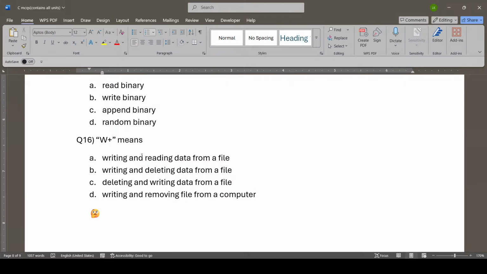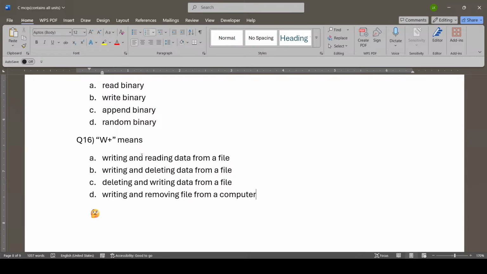Whenever we write plus, it means just the opposite of the given mode. W plus means first you write the data and also go for reading. If you write R plus, it means go for reading and also go for writing. If we use A plus, it means appending as well as reading, just the opposite we can assign there. Here we have W plus.